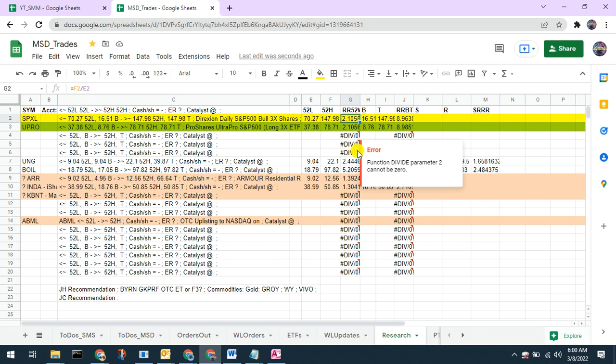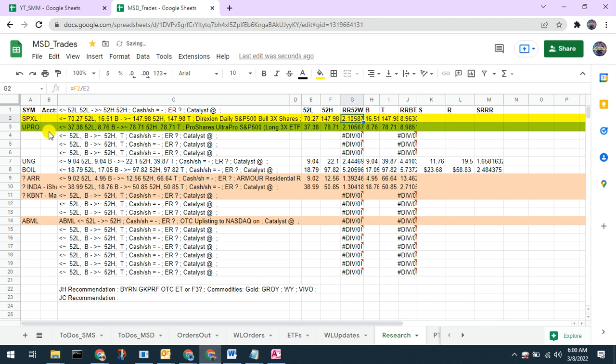So SPXL shows for 52-week range 2.1058, and for UPRO it's 2.1056.